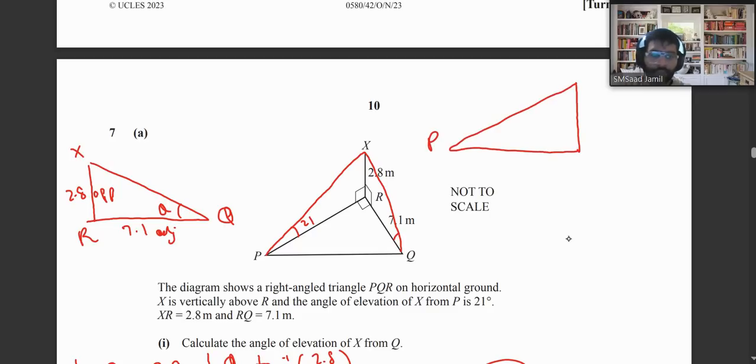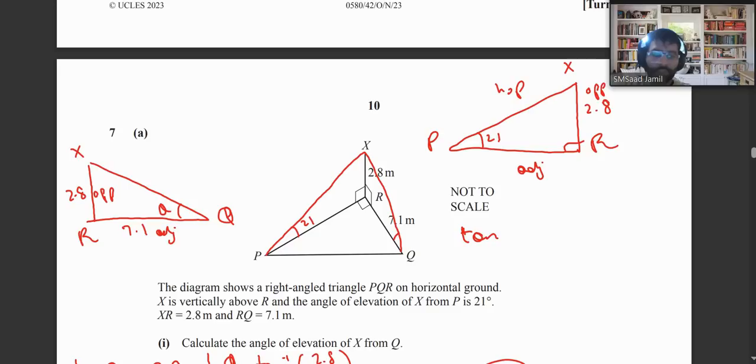P, R, X. This is 21. This is 2.8. Opposite and adjacent comes in cos. So we will say cos 21. Not cos 21, sorry. It's not cos, it's actually tan, because opposite and adjacent, toa.